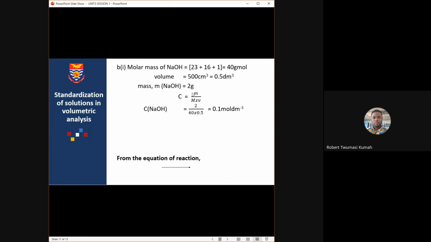So amount concentration equals mass over molar mass times volume, or amount concentration equals rho, that is mass concentration, over molar mass. The rho is here. It's mass over volume. So rho is inside here. That gives us 0.1 mole per cubic decimeter. All right. How do we interpret this?